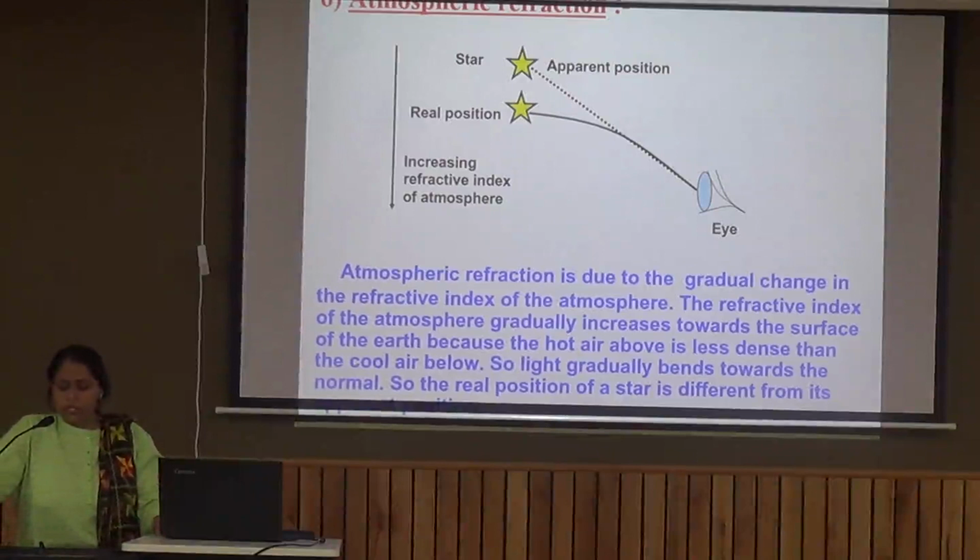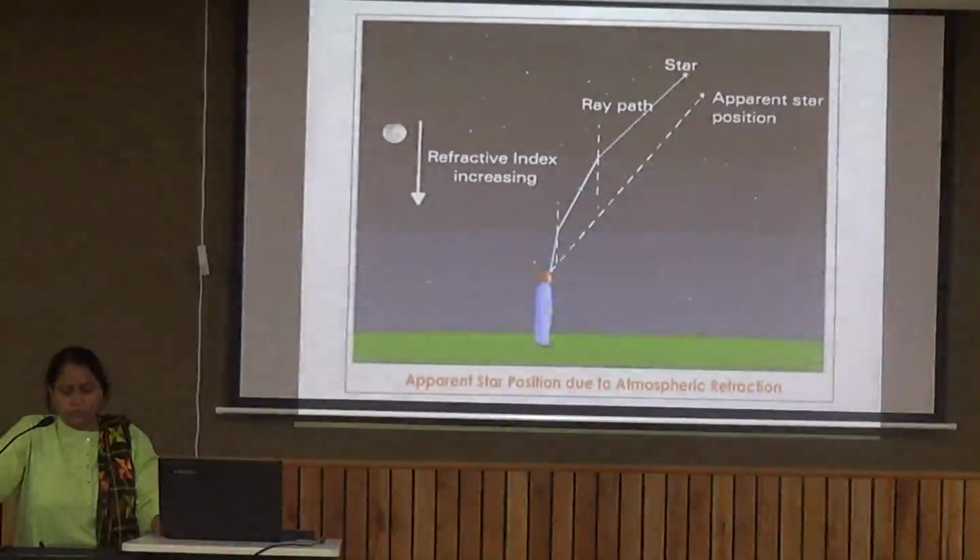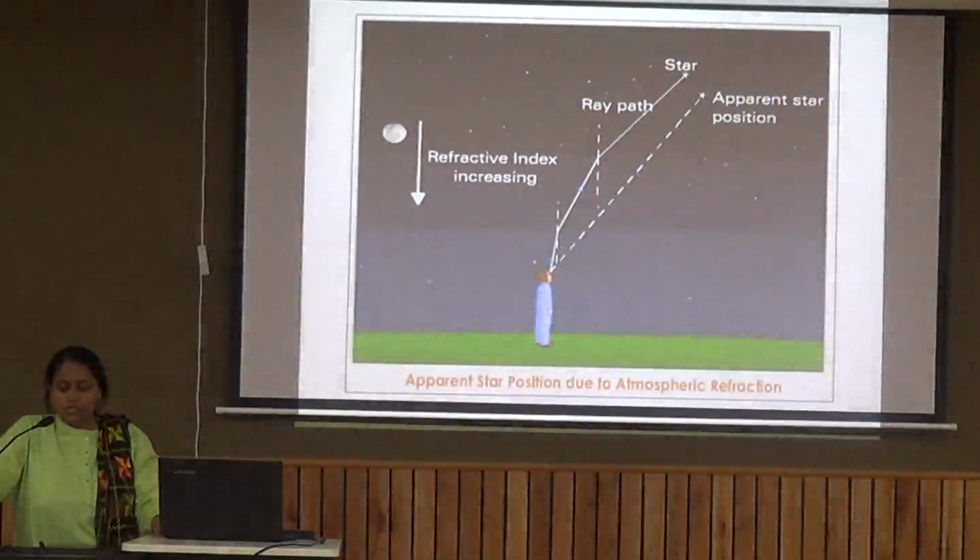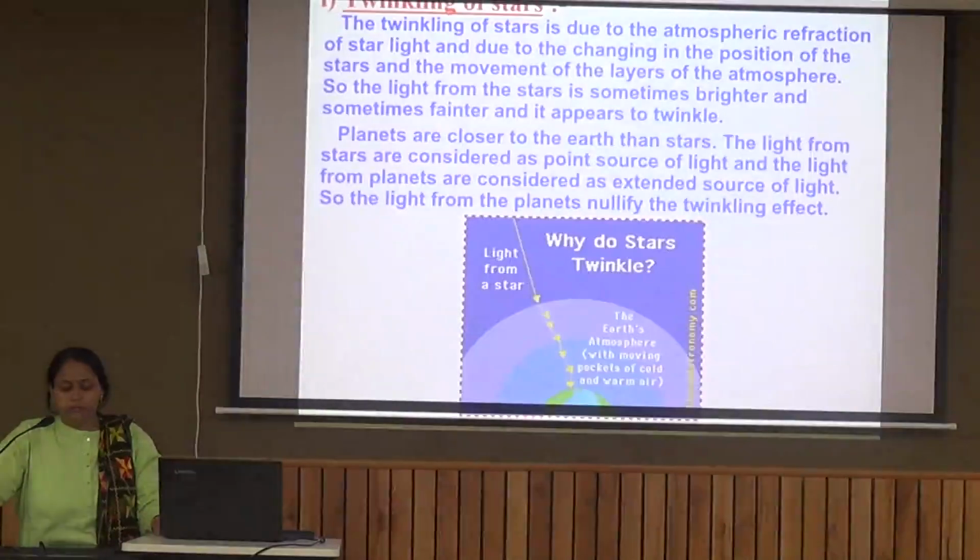So the light gradually bends towards the normal. So the real position of the star is different from its apparent position. You can see the position of the star is different, but it appears to be at a different location, which is due to the changing refractive index of the medium.